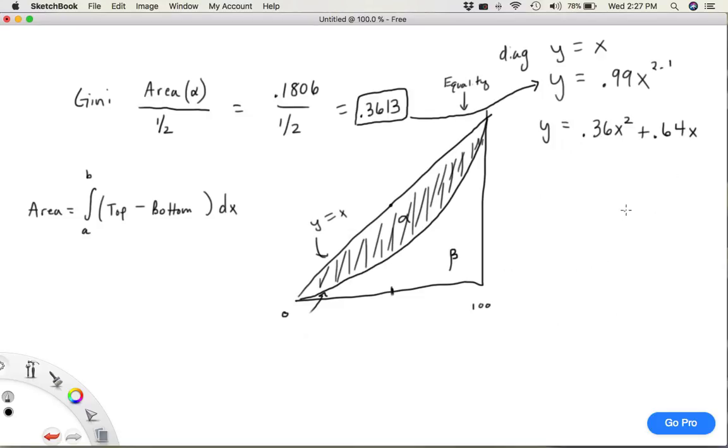So then the area of the alpha piece is going to be the integral from 0 to 1 of the top function, which is y equals x, minus the bottom function, which is 0.36x squared plus 0.64x. Both of those become negative because we're subtracting the whole function.